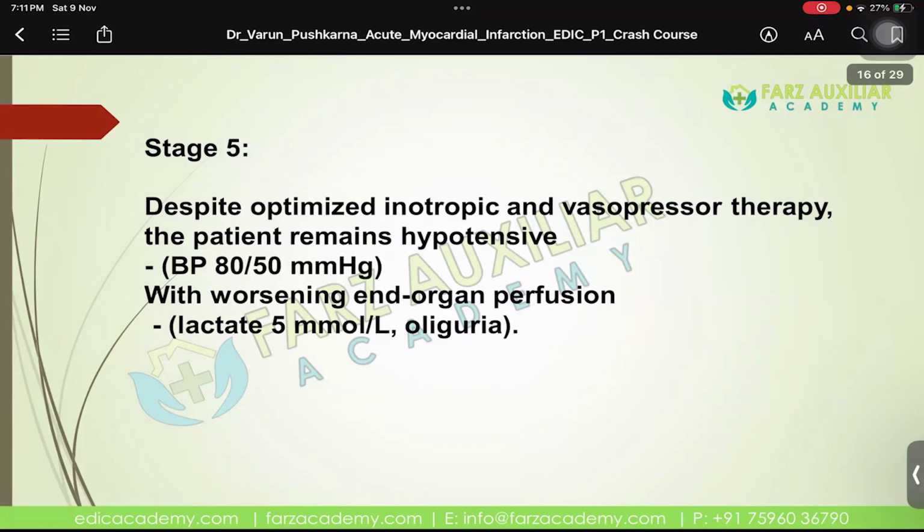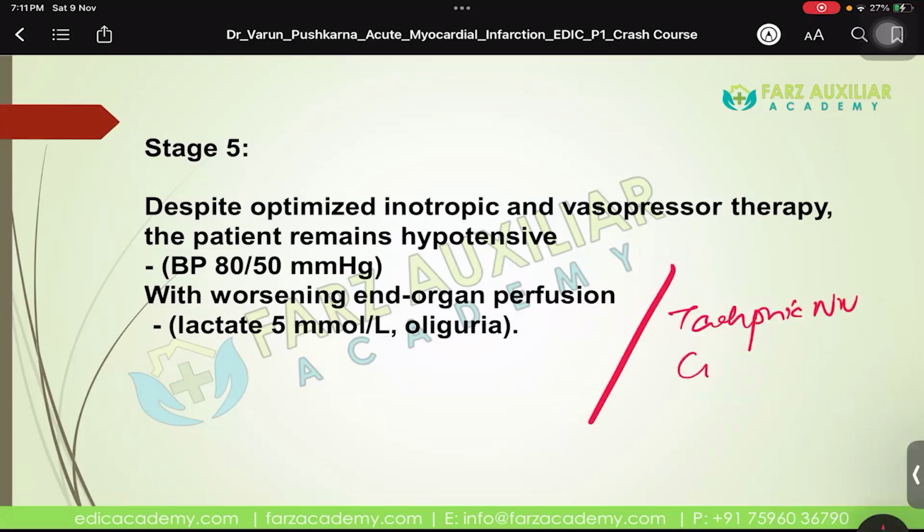The BP is 80/50 with worsening end organ perfusion. The oliguria is worsening, the lactates are rising. The patient is persistently tachypneic despite being on NIV. The patient is still cold, clammy. The pulse rate is 140 per minute.